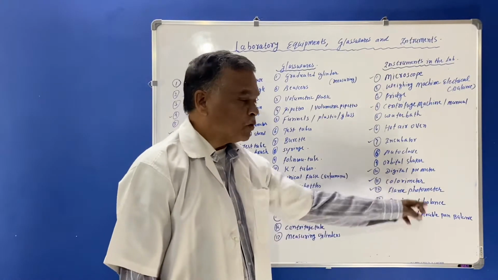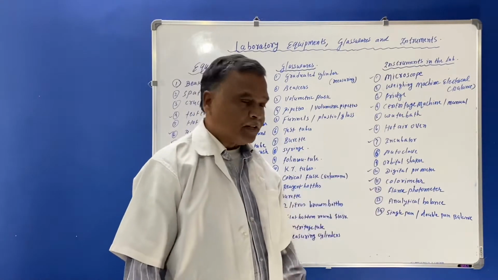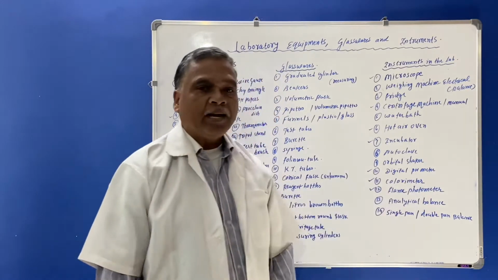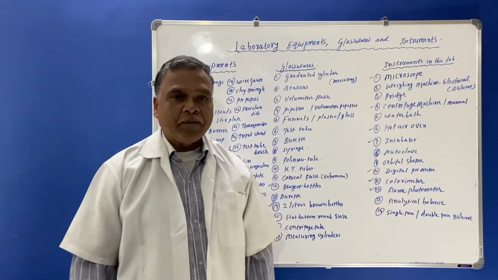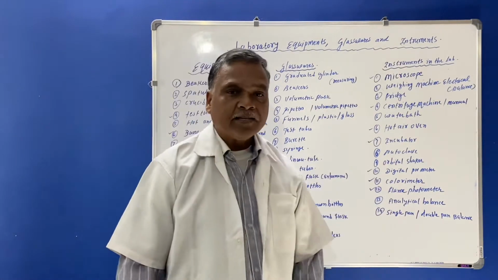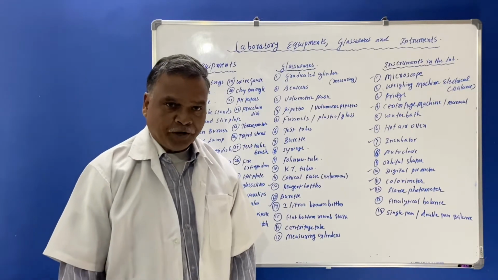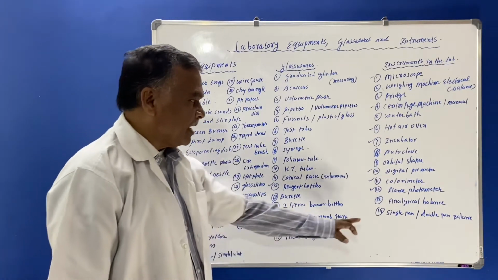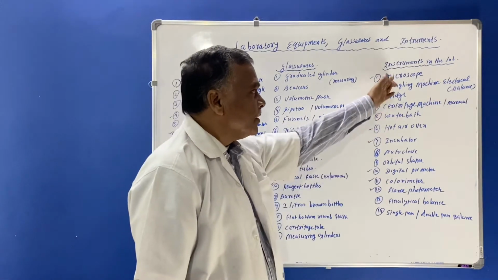Therefore, this flame photometer is a device to measure the electrolytes. Then the analytical balance, known as the double pan balance, is used, and the single pan balance is also used in the laboratory. These are the instruments which should be present in the institute.